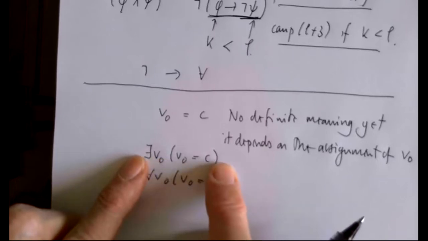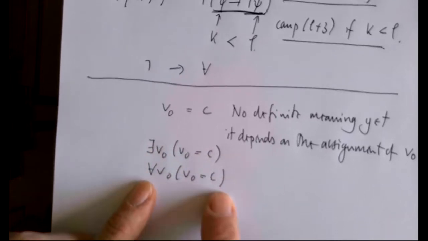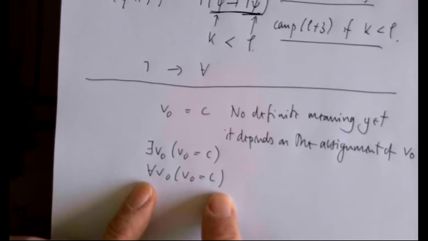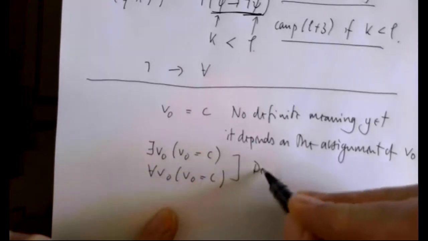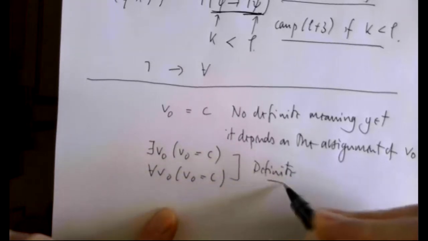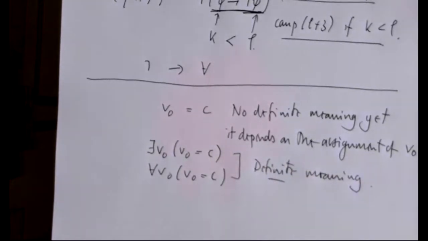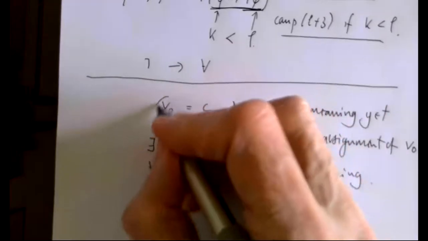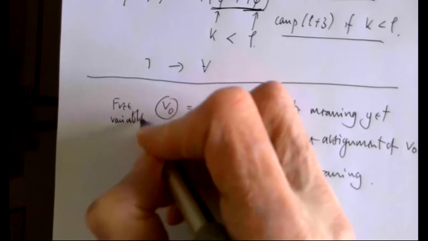So it says there is something. On the other hand, this statement here says everything equals what we assign to C. So it's going to say there's only one thing in the structure. But either way, there's no ambiguity here. These both have definite meaning. The variable that was free here has become bound by the quantifier.